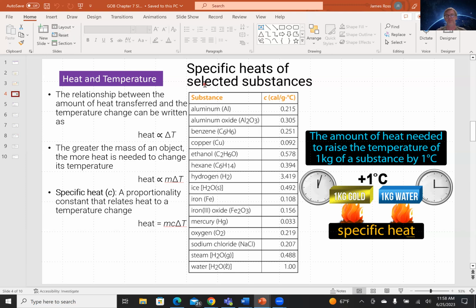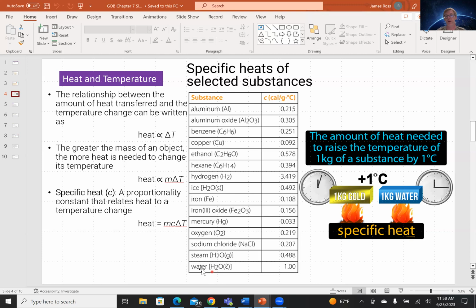So for example, aluminum here has a specific heat, here labeled lowercase c, in units of calories per gram degrees Celsius. That means for every gram of aluminum that you want to increase its temperature by 1 degree C, you have to give it 0.215 calories of heat.